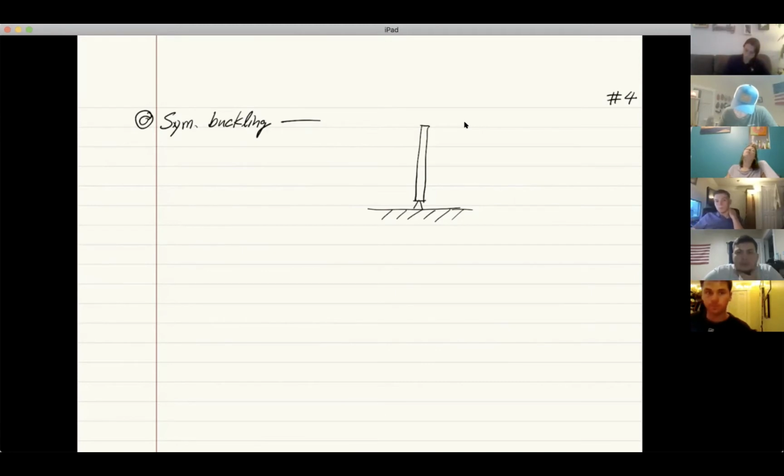And the cables actually could be attached to the walls right next to the column. And the loading is applied at here.